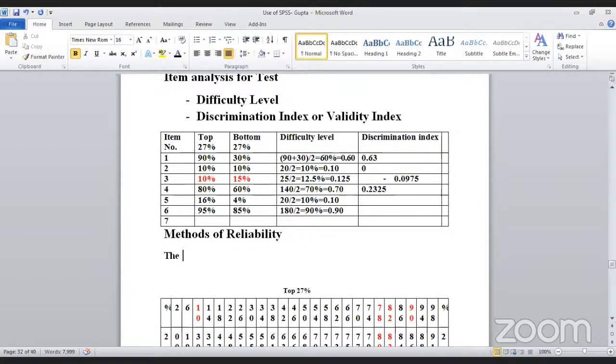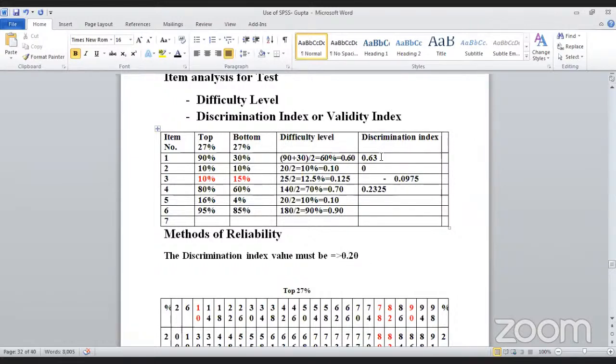The discrimination index value must be either equal to or greater than 0.20.